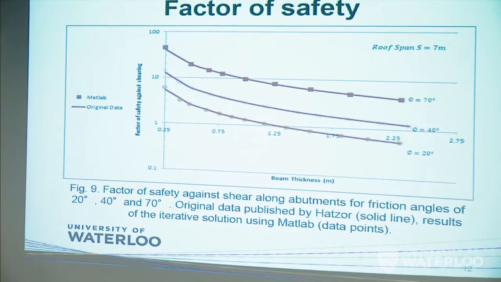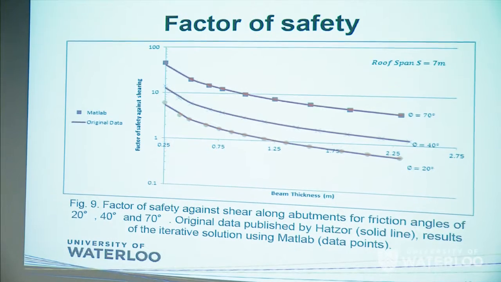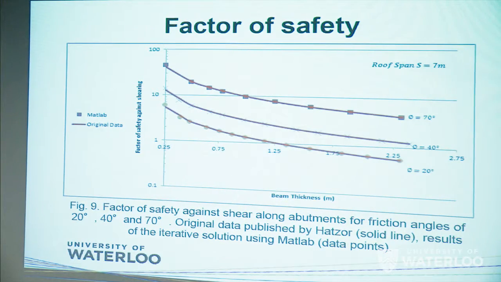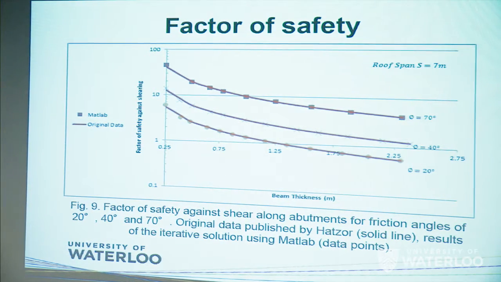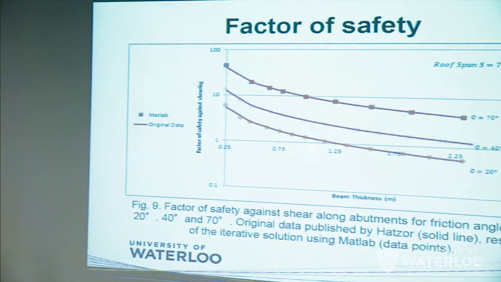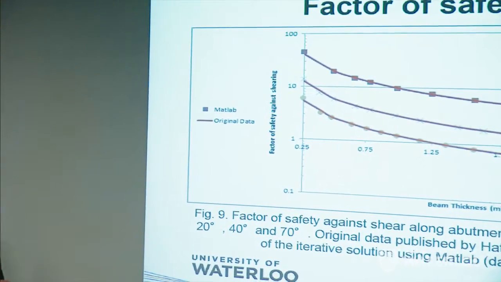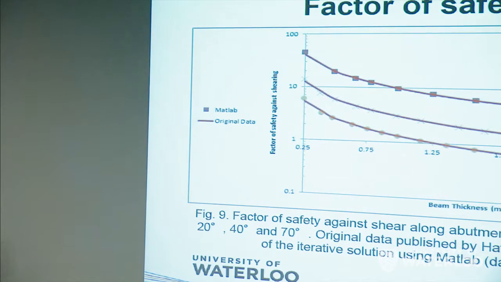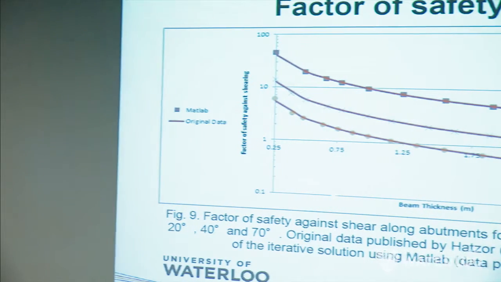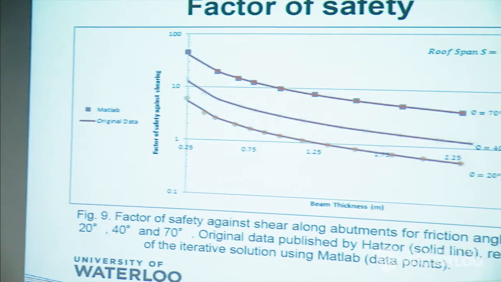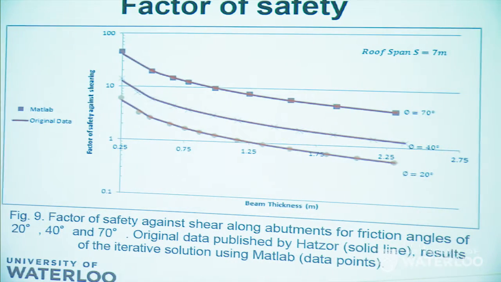The other one is factor of safety. Remember I said that the whole purpose is to generate some factors of safety, to have some diagrams, to know some limitations for the thickness and the span. In this plot, I have the factor of safety against shearing with respect to beam thickness. As the thickness goes up, the factor of safety goes down.